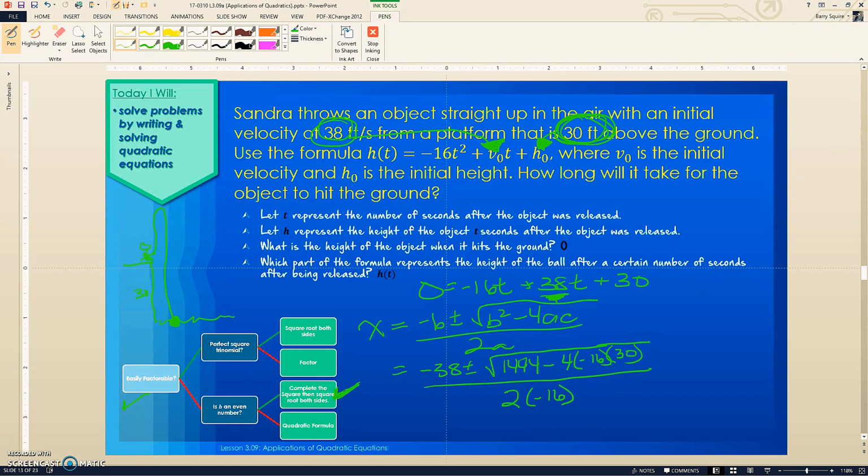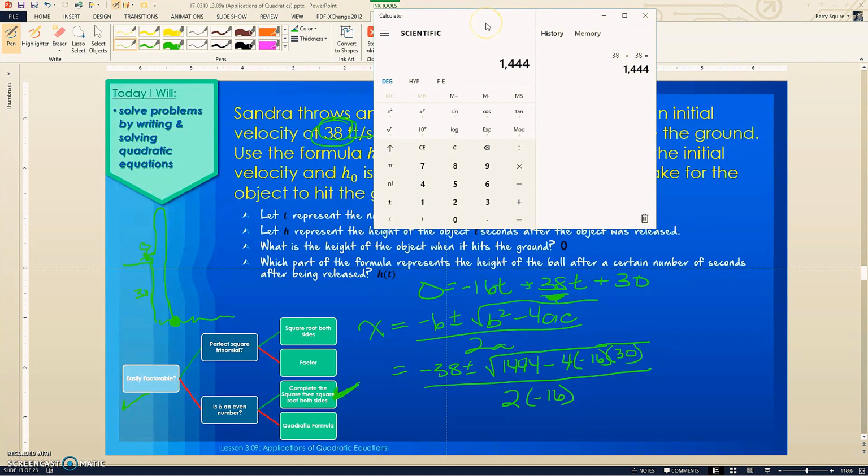Oh, calculator's going to get a workout, I believe. Let's start by doing that big multiplication under the radical. We've got a negative 4 times a negative 16, so that's going to cancel each other out, become positive. That's nice. 4 times 16 is 64 times 30.